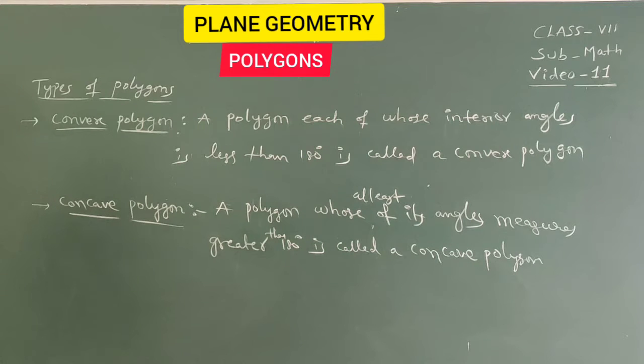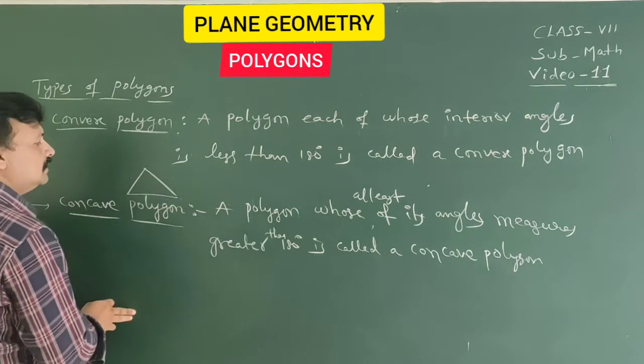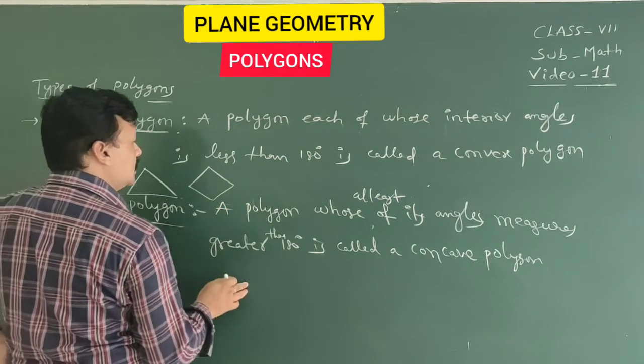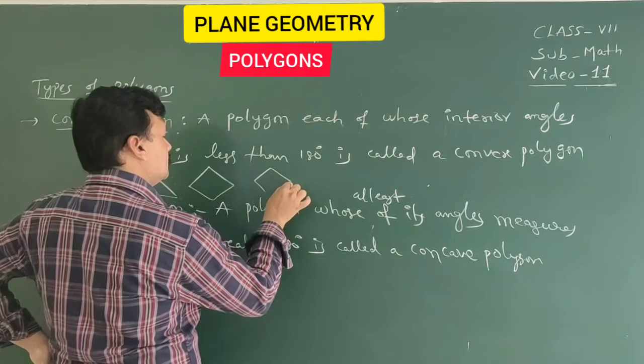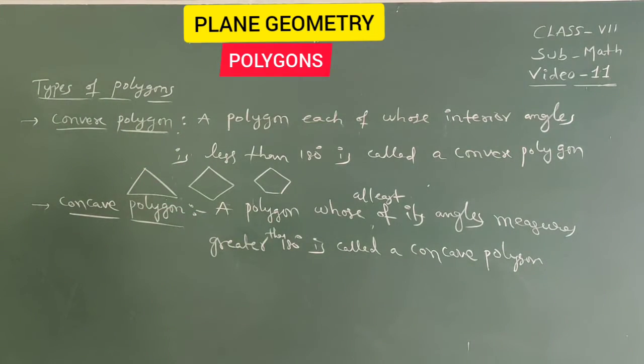Okay, here convex: triangle, quadrilateral, like this. In the three given examples, each and every angle is less than 180 degrees.